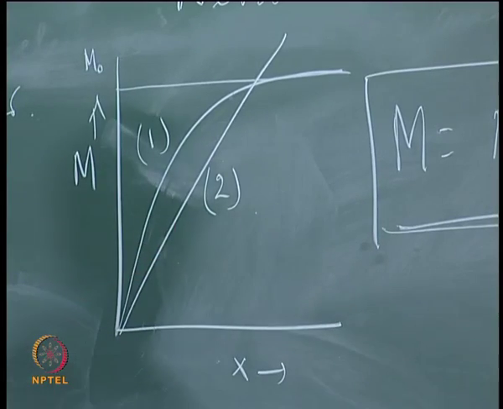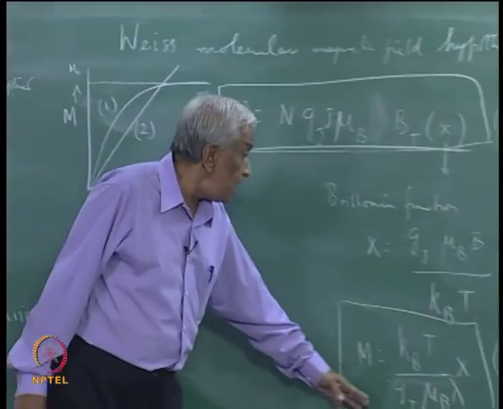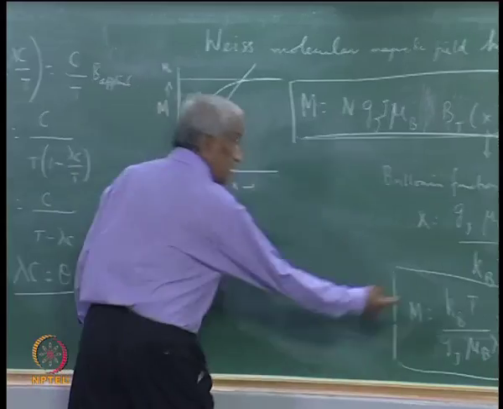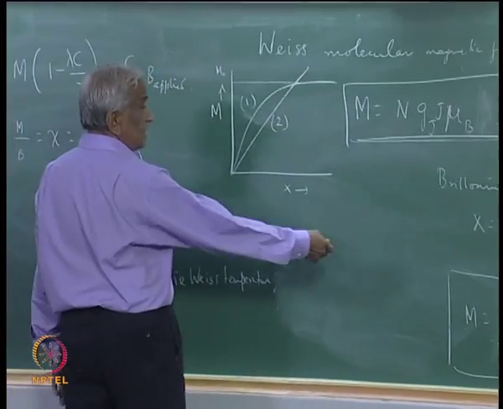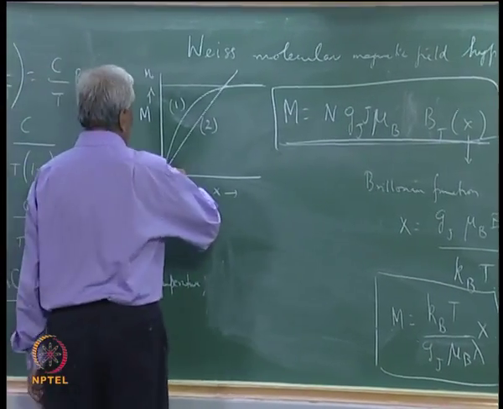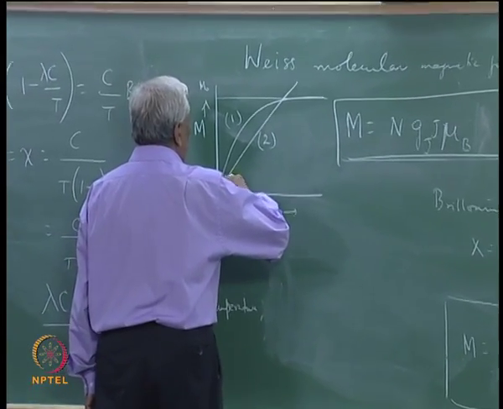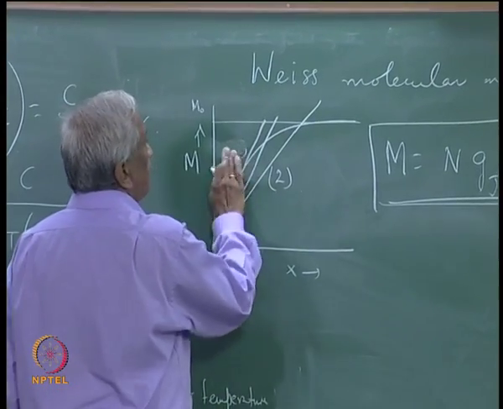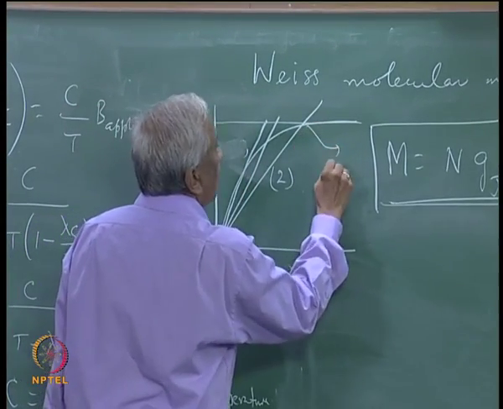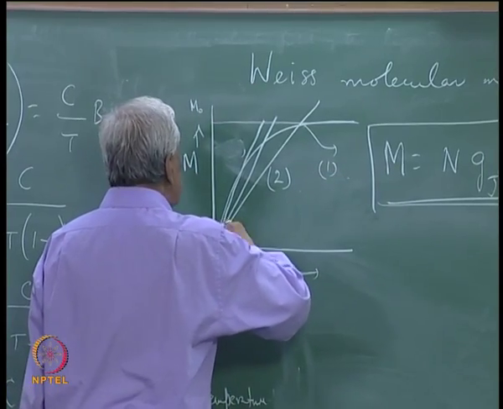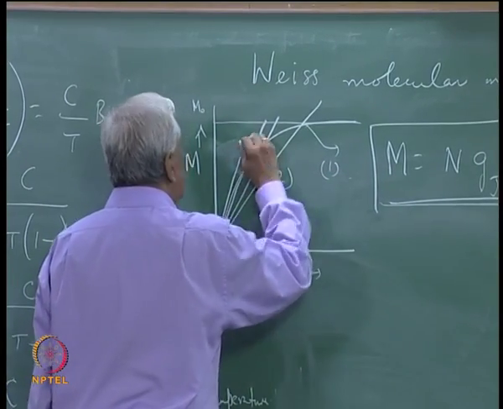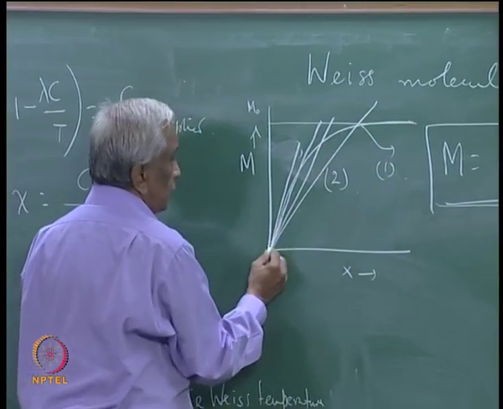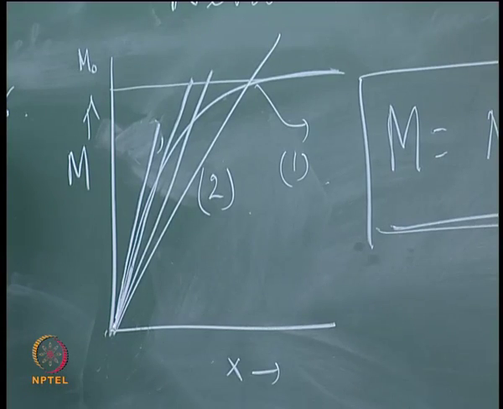So, this is the situation, but as we vary the field or the temperature, we see that the slope of this graph changes, and so we have successively straight lines like this. Eventually a situation is reached when the straight line touches this Brillouin function graph at the origin.